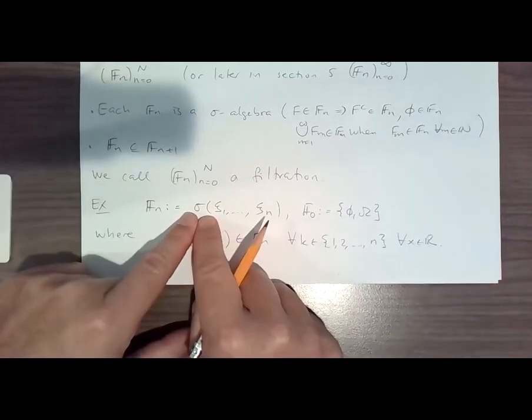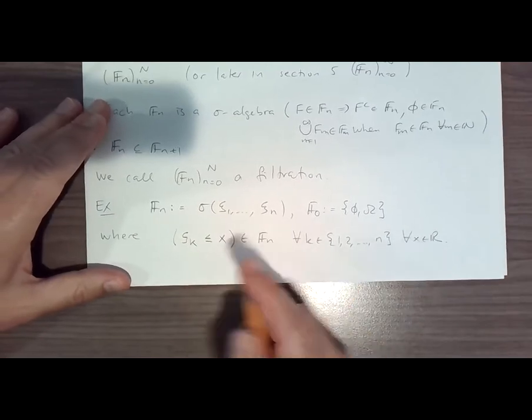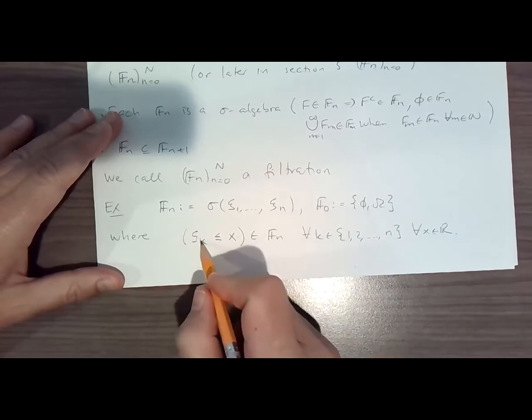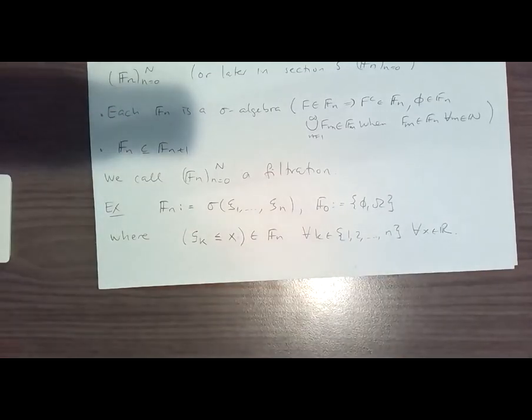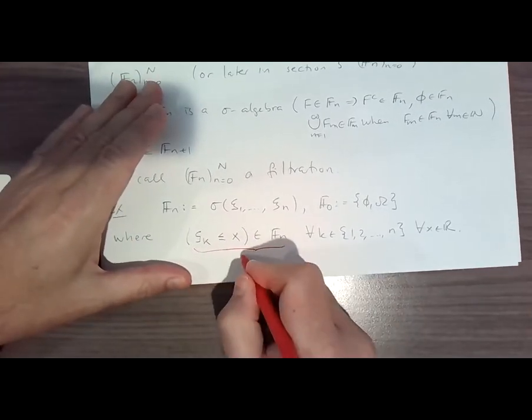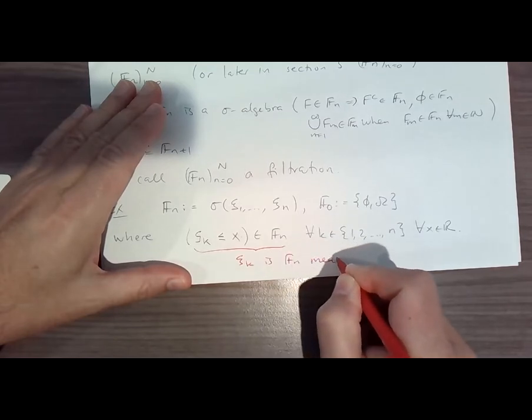That's what this symbol means. This is what it means to be measurable. This means that psi k is Fn measurable.